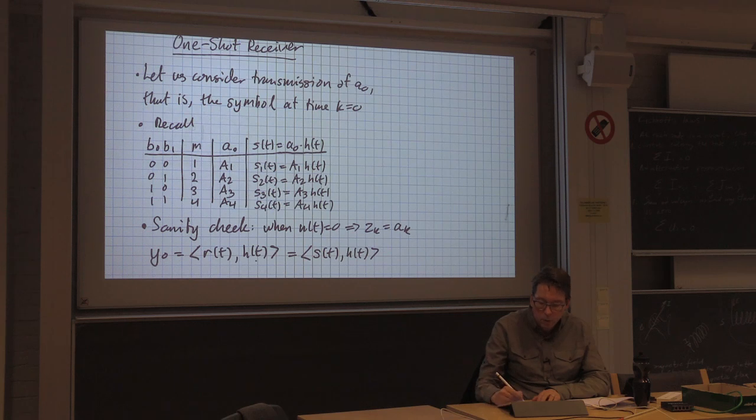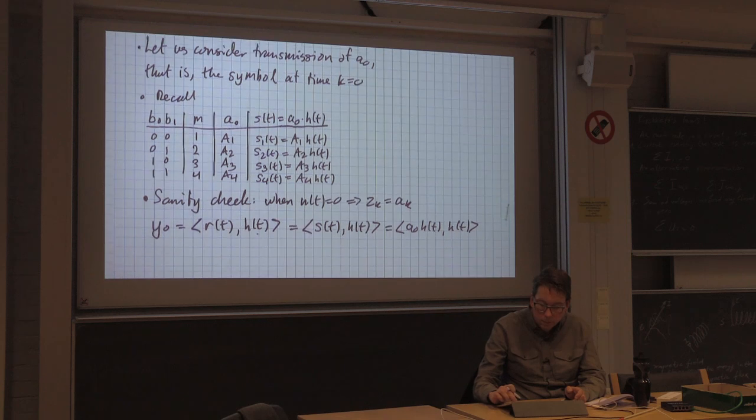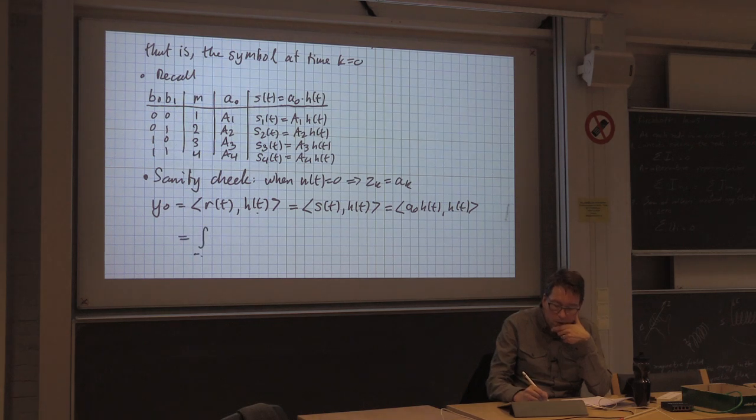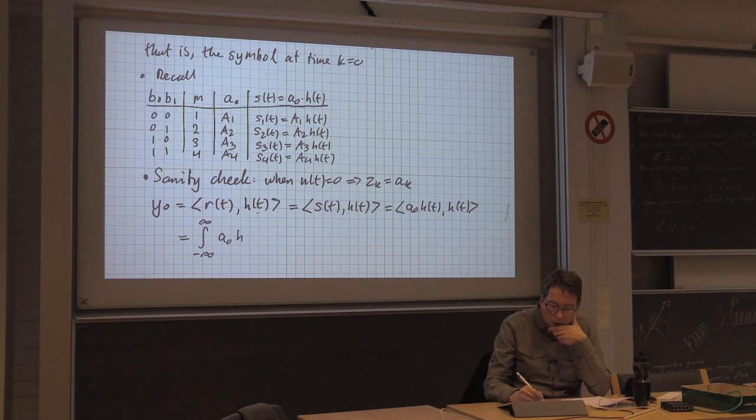It's A0 times h, inner product with h. This is an integral from minus infinity to infinity of A0 h(t) multiplied with h conjugate of t, dt.